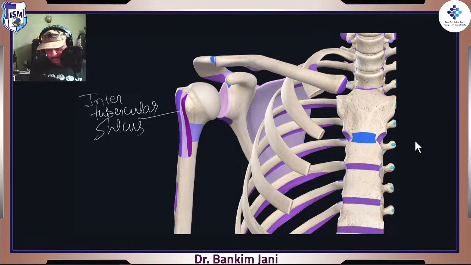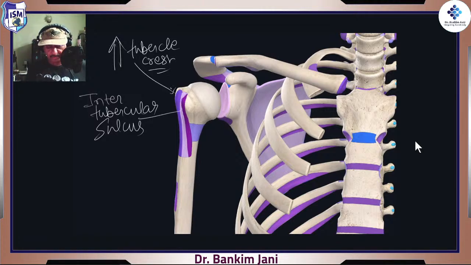Over here, the lateral-most prominence is the greater tubercle, and I'll write it like this. This is the greater tubercle, called the crest, prominence, strong ridge, which is over here. So one mountain is formed, and on the opposite side, this is obviously the lesser tubercle.